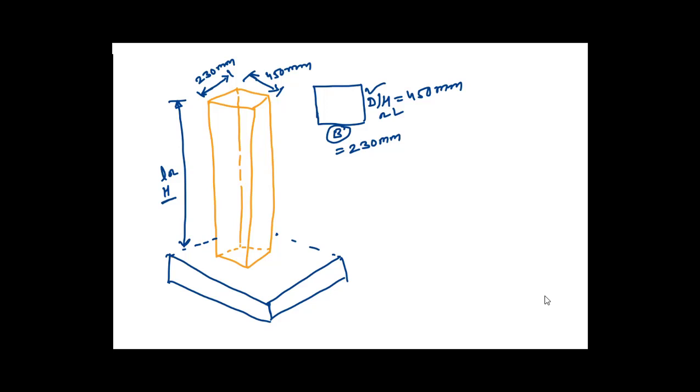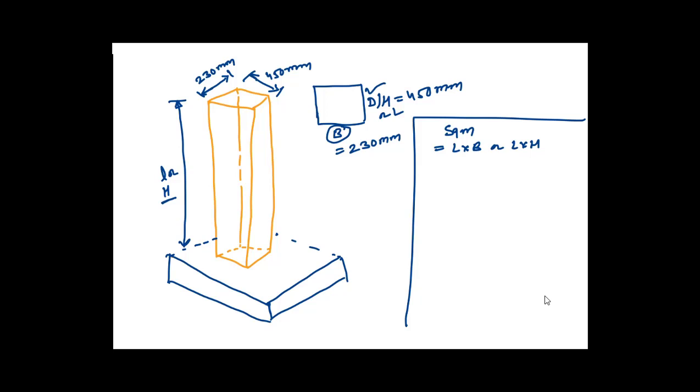As we know, the mode of measurement of shuttering quantity is square meter. That means I need two dimensions, L into B or L into H, whatever the notation may be, but at least I need two dimensions.